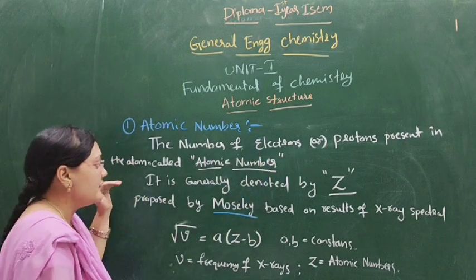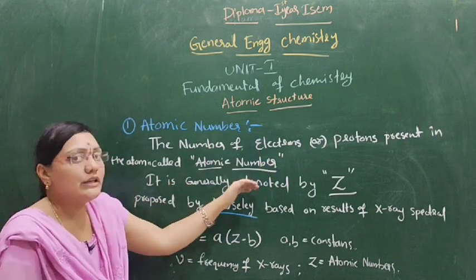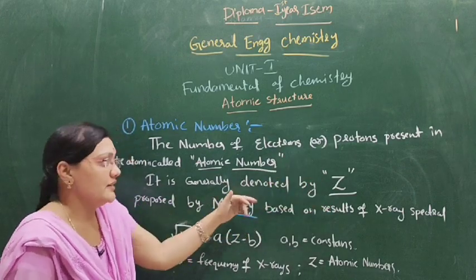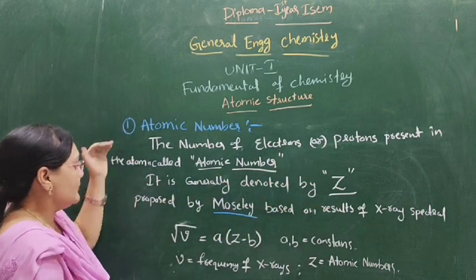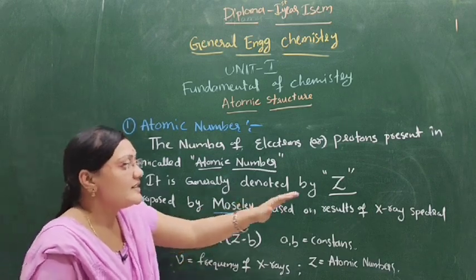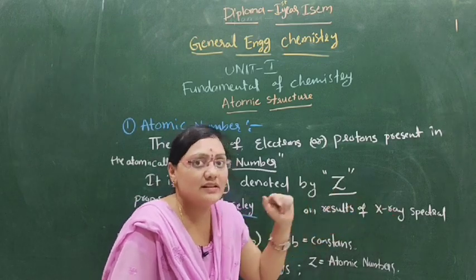The atomic number is generally denoted by capital Z. It was proposed by Moseley based on the results of X-ray spectral studies.